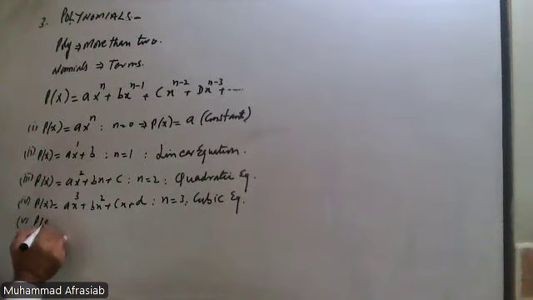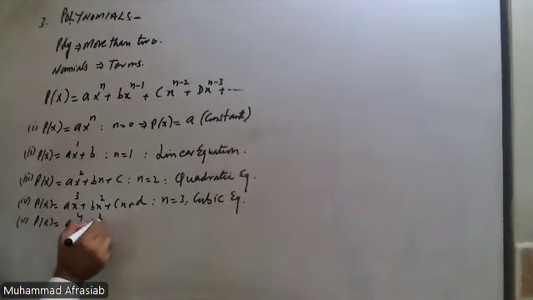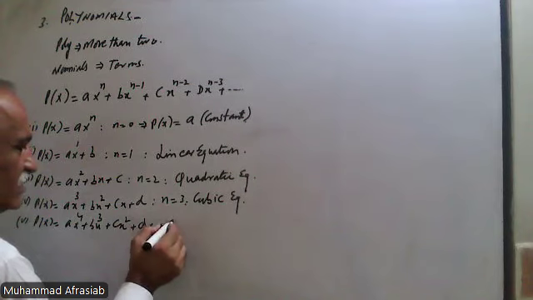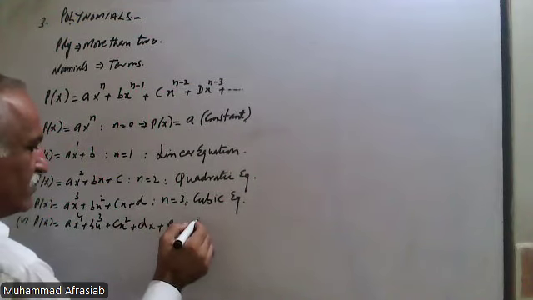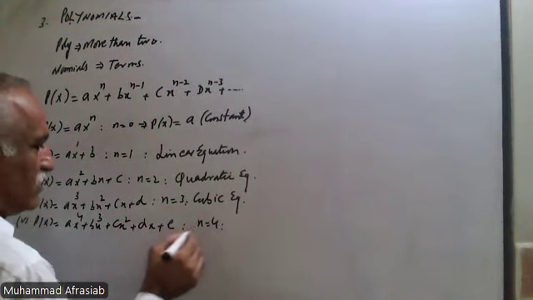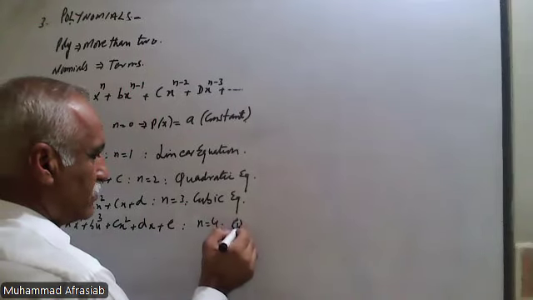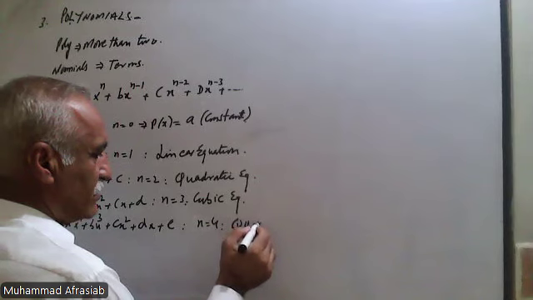If p of x is equal to ax^4 plus bx^3 plus cx^2 plus dx plus e, where n is equal to 4, the highest power, then it is known as to be called a quartic equation.